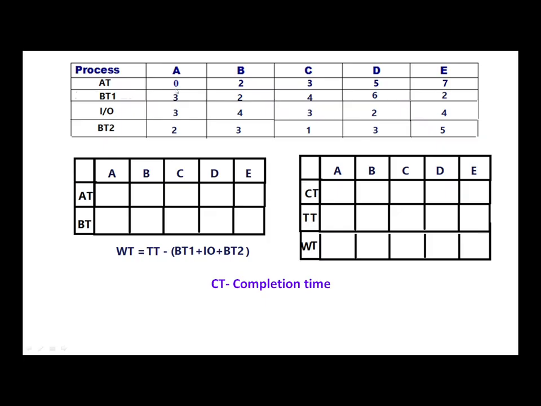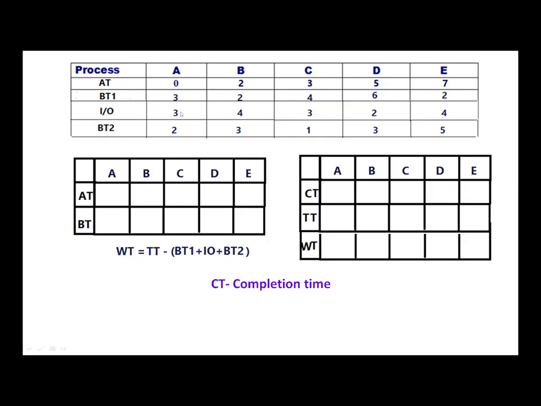So we schedule the process for the actual total burst time, and at the end of it the process finishes and we note down the completion time of the process. But in this problem, the burst time is divided into 2 parts. The first part happens before the IO operation and the second happens after the IO operation. So we cannot schedule them together, we have to schedule them separately.